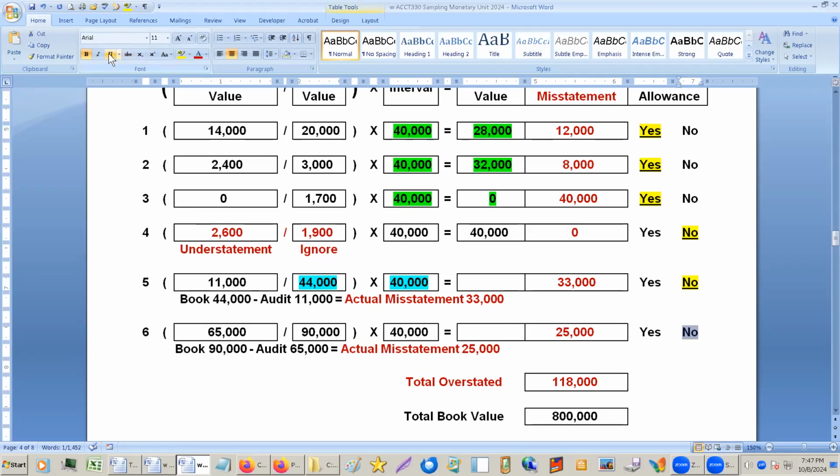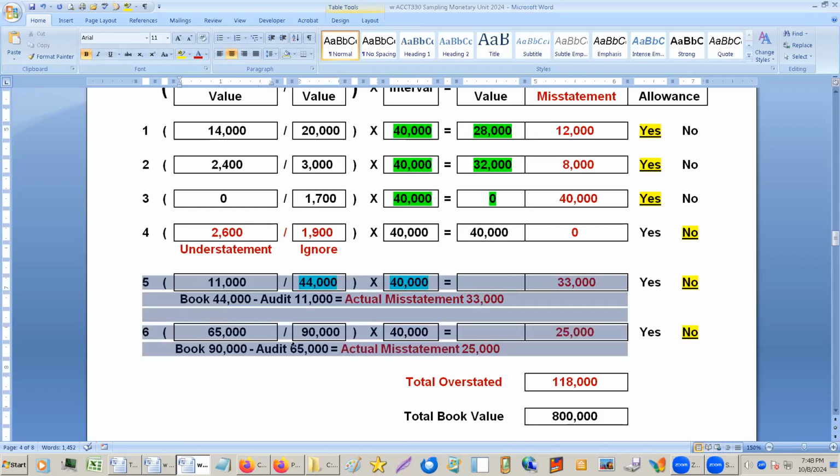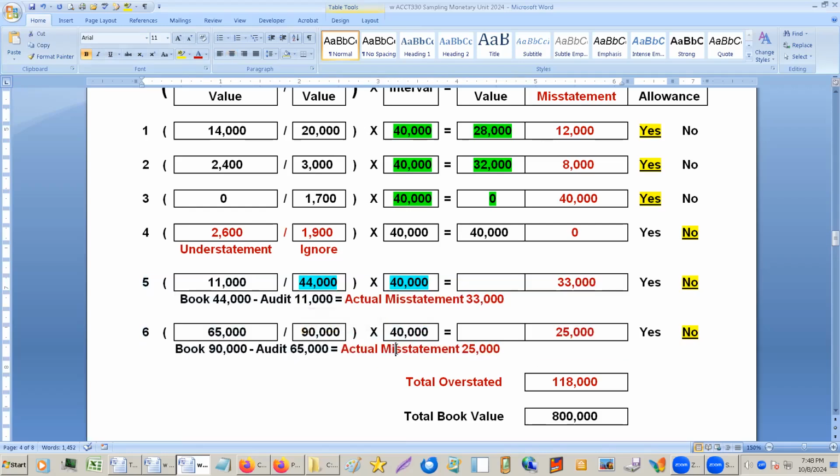So the two kind of wacky ones here: understatements are ignored completely. If the item is more than the interval, we use the actual amount and it does not go in the incremental allowance, because nothing else in that interval could be misstated. It covers the entire interval.